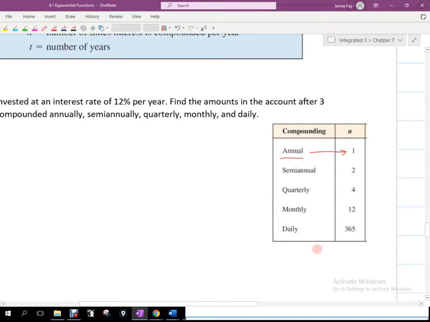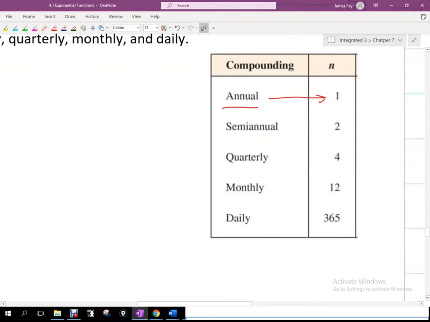Daily, and you would have to maybe investigate what a bank is going to use, because we know that there's not always 365. There's actually 365.25 days in a year, right? It's a leap year. So there's maybe some fluctuation in some banking systems, that number might not be 365 exactly, okay?